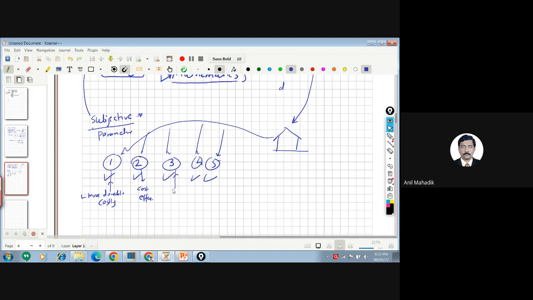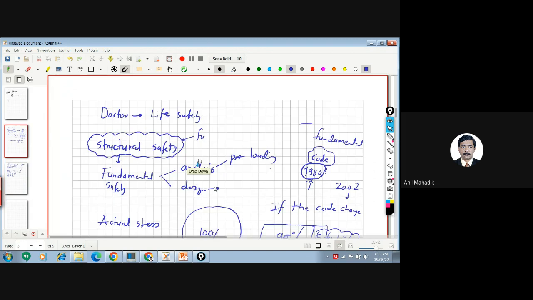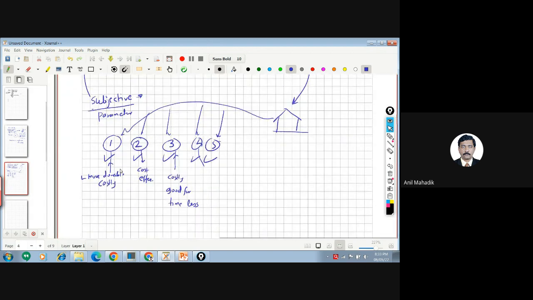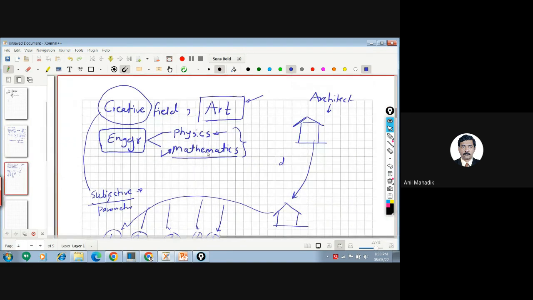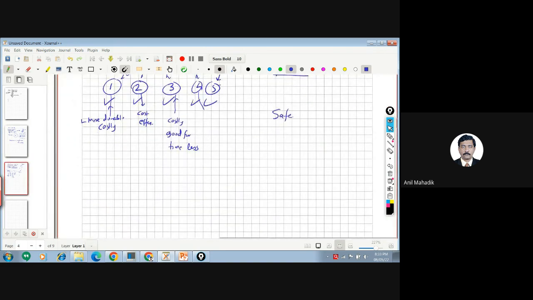This structure may be costly, but it may be good for construction, so overall construction cost may be good, and the time required for this building will be very less. So he's giving such a suggestion. Time is less. That means every person is giving emphasis on some parameters when designing the building. Fundamentally, everybody is taking care of the safety: codal provisions, engineering principles, safety is there.